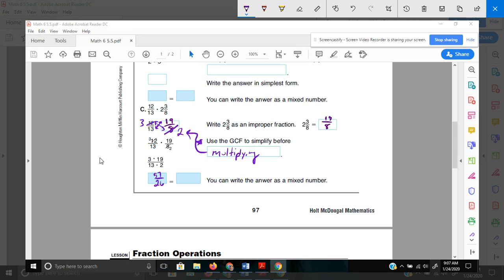And then simplify. 26 goes into 57 2 whole times, which would be 52. And 57 minus 52 would be 5. And keep my denominator of 26. So 2 and 5/26 would be my final answer, putting it back into a mixed number.